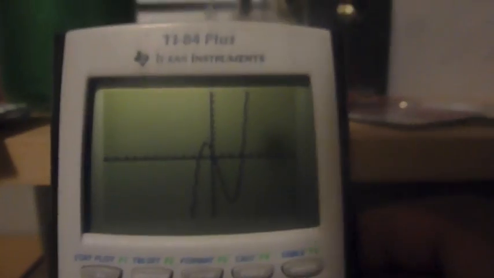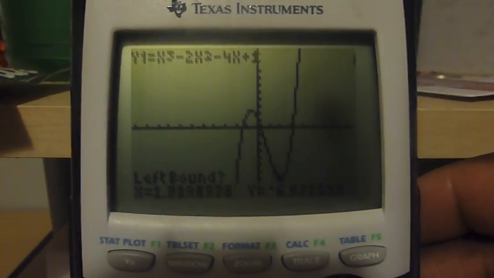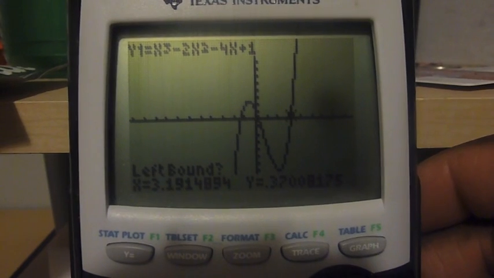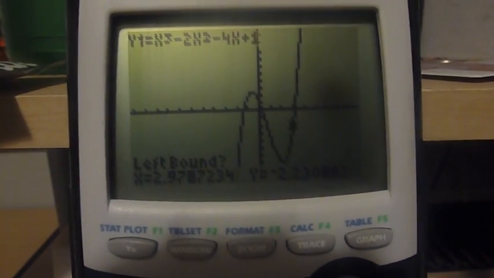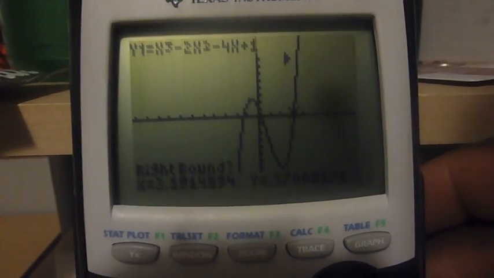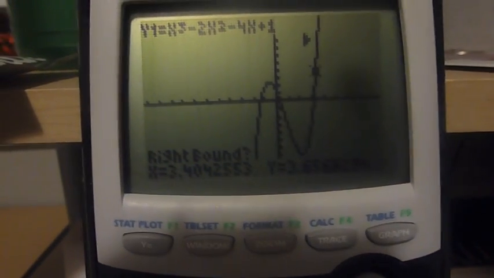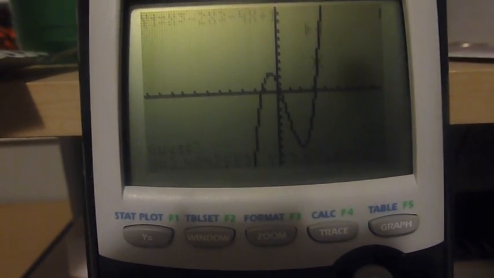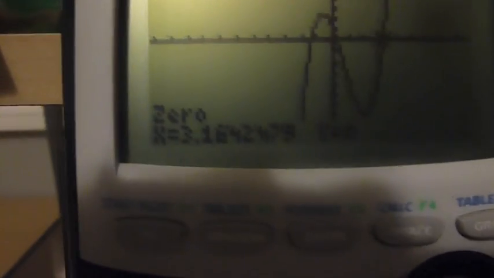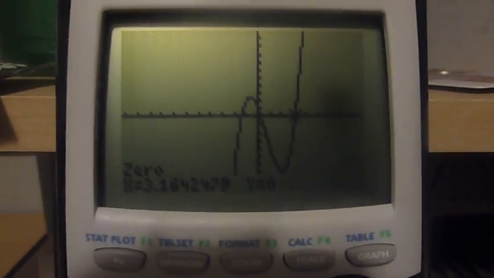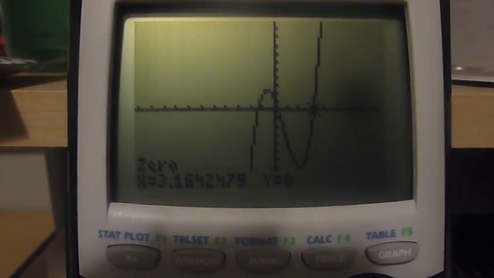And finally, one more time, second trace, 2, all the way over here, plug in our left bound point, our right bound point, hit enter, and that's the guess given, and it also has a multiplicity of 1.